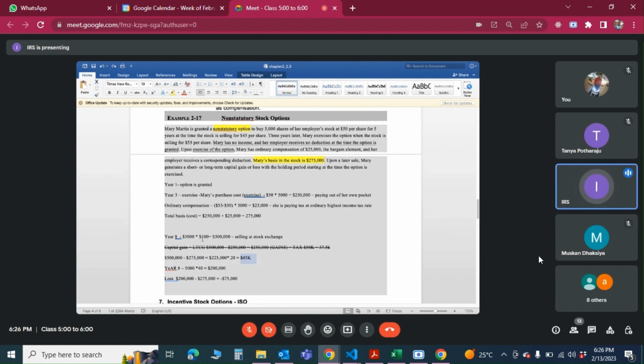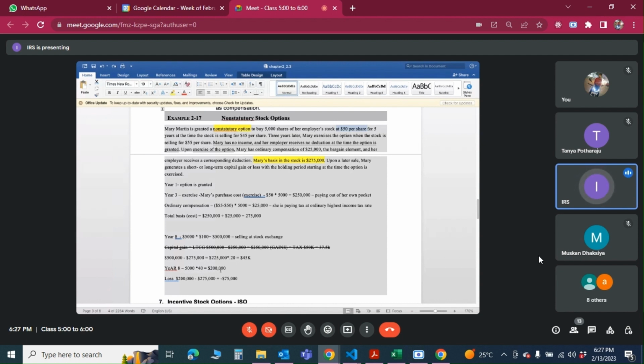Versus if the stock price goes to $40 in year 8, from 100, let's say the whole stock market has gone down and all these scams have happened. She bought it at $50 and took that extra $25,000 as compensation, and paid taxes on it.